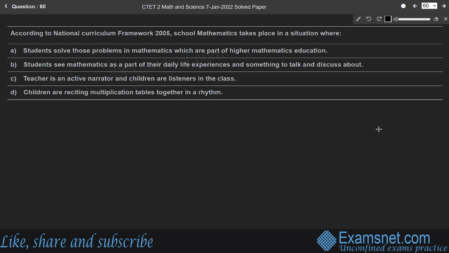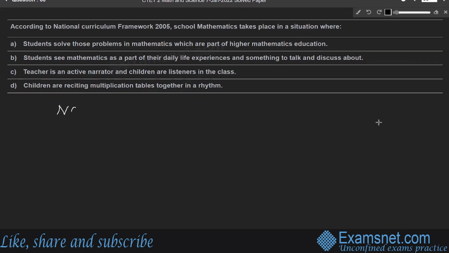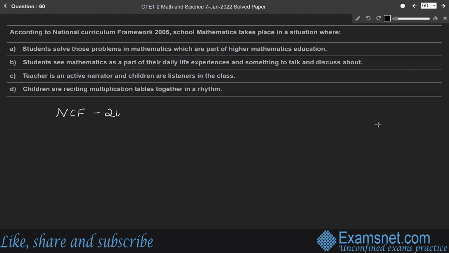Children are reciting multiplication tables together in a rhythm. Here, developing logical and problem solving abilities in children is the main objective of teaching mathematics, according to NCF 2005. The development of children's abilities for mathematization is the main goal of mathematics education, which means the child's thought process should be mathematized.